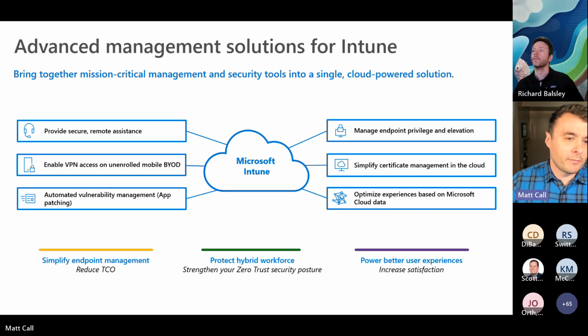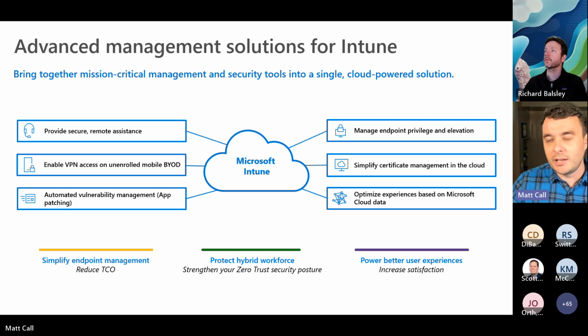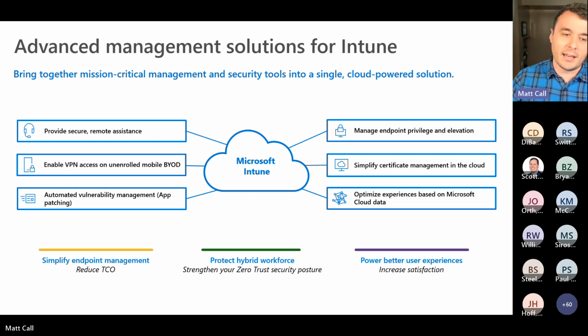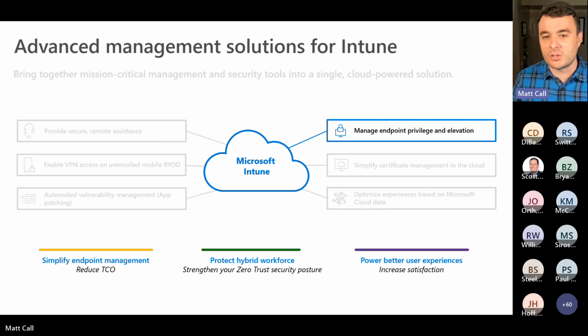So first thing that I want to cover is that you guys have all probably seen this by now, but we introduced the Intune Suite, and endpoint privilege management is a part of Intune Suite, specifically around managing the ability for IT pros and security professionals to allow list or block list, essentially the ability for apps to elevate on a device.